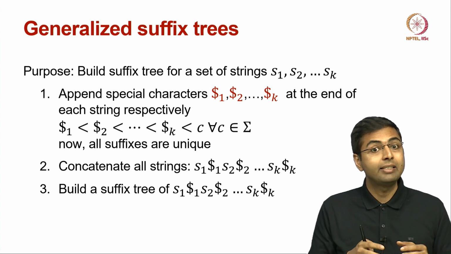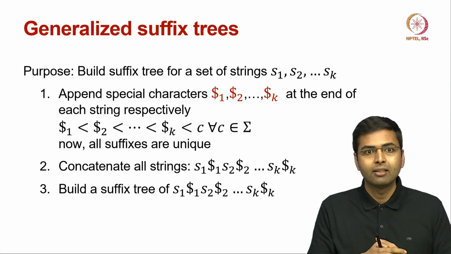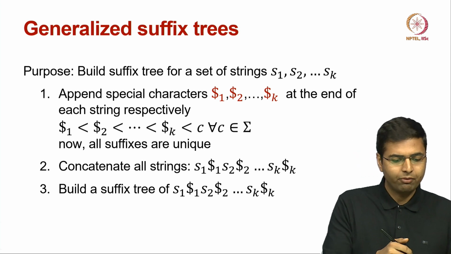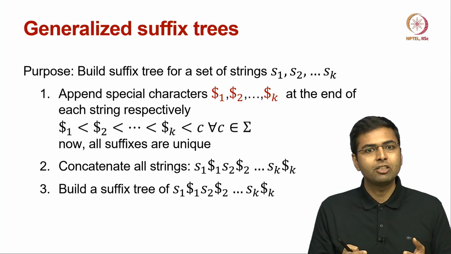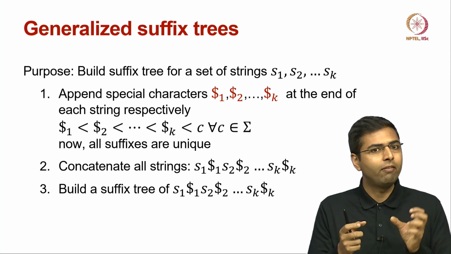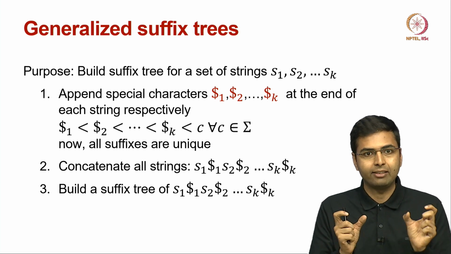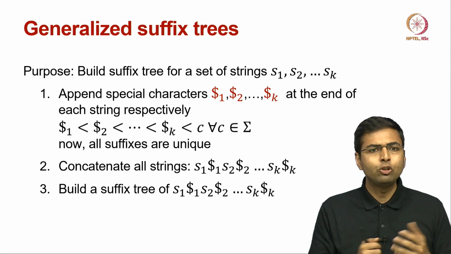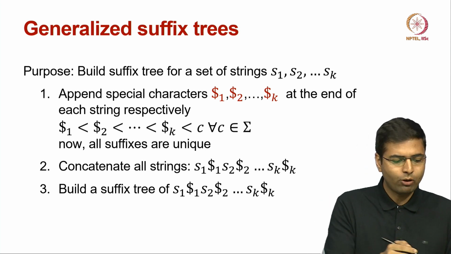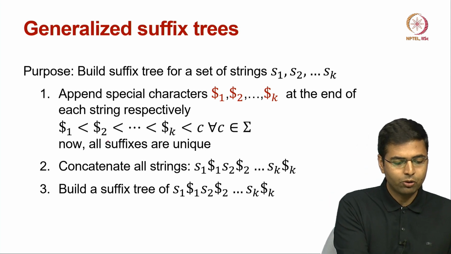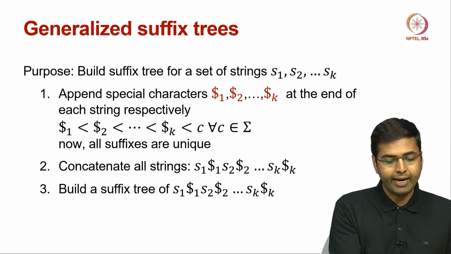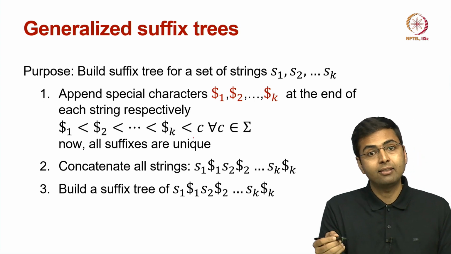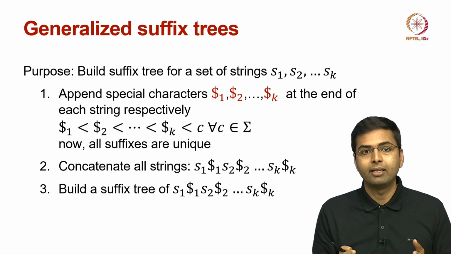These are outside my original alphabet, and we will assume some lexicographical ordering, because for building suffix trees and suffix arrays we always need a lexicographical ordering of these characters. Let us say that $1 is smaller than $2, $2 is smaller than $3, until $k, and then $k is smaller than all other characters in my original alphabet sigma.